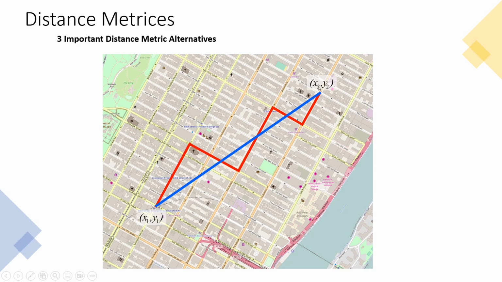It's the shortest line, so we have a helicopter in order to go from this point to this point. But if we have a car instead of a helicopter, we need to follow the roads, right? So this is the Manhattan distance. Just remember this map, and then you will remember the difference between Euclidean distance and Manhattan distance.